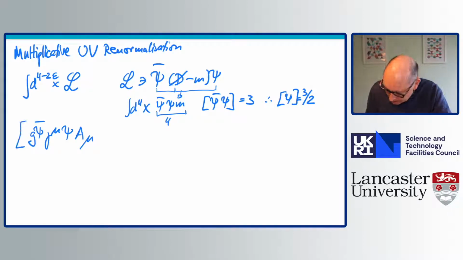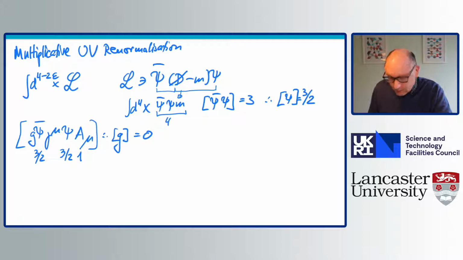Again, this whole thing, when we integrate over d4x, has to have no dimension after the integral. That means that the vector field has dimension 1. We already know that the fermion fields have dimension 3/2. So the dimension of the coupling is 0, and we have a theory that's well defined in 4 dimensions.